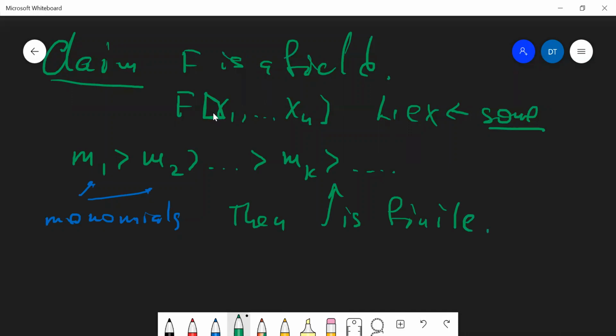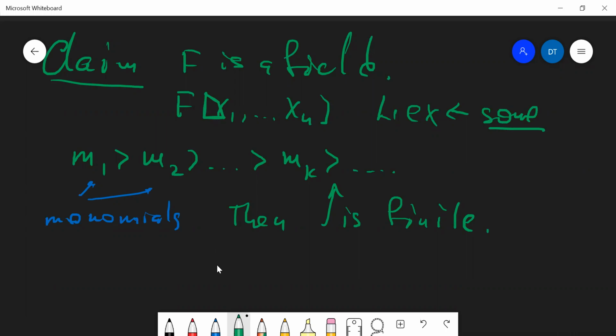So there is no infinite, strictly descending chain of monomials. If you start from a monomial, consider something smaller than it, then something strictly smaller than that, and then something strictly smaller again, then at some point you'll have no options. You must stop. So this is the claim.